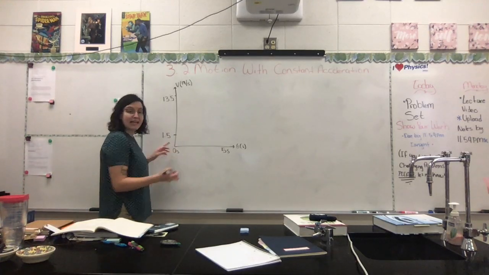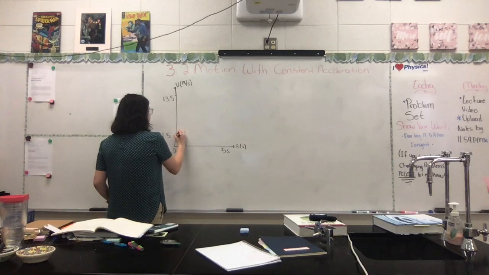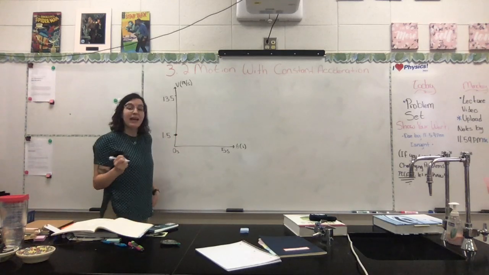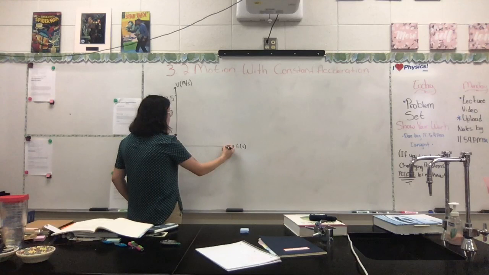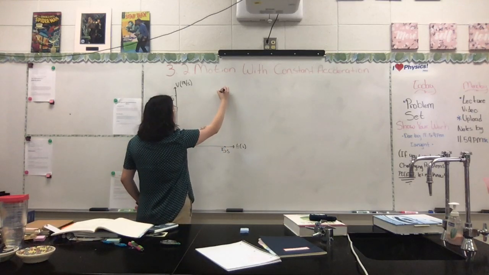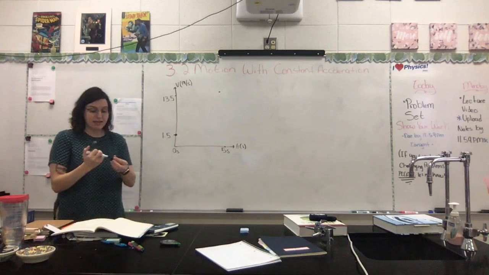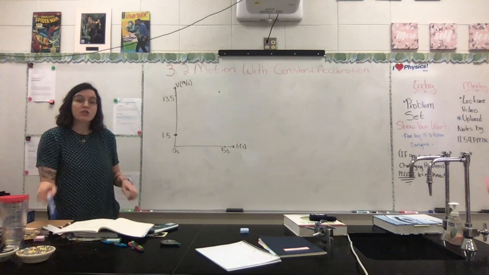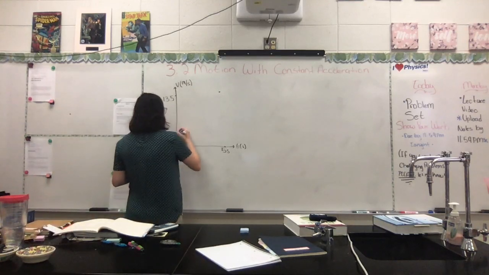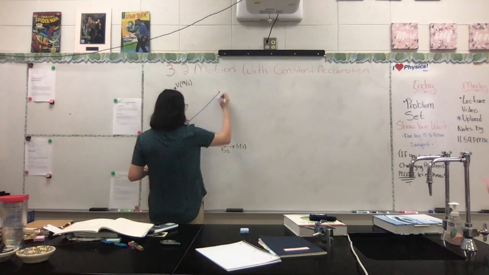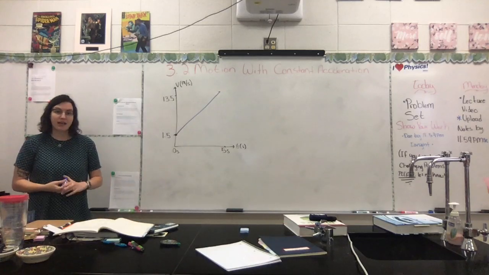At 0 seconds, we're going to be at 1.5 meters per second, and at 5 seconds, we are going to be at 13.5 meters per second. So once again, this is going to create a really nice linear graph for us.